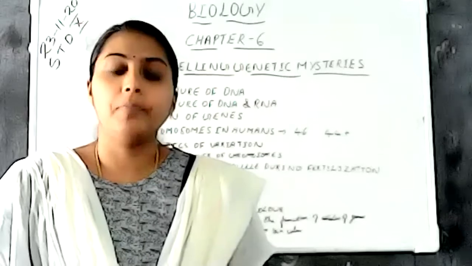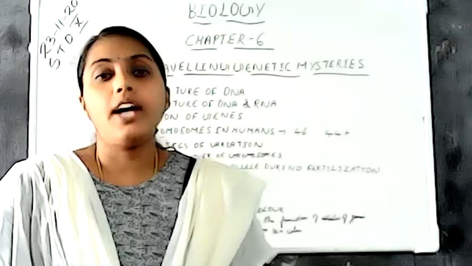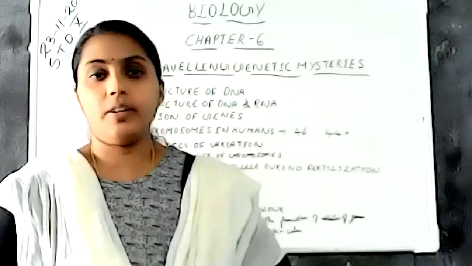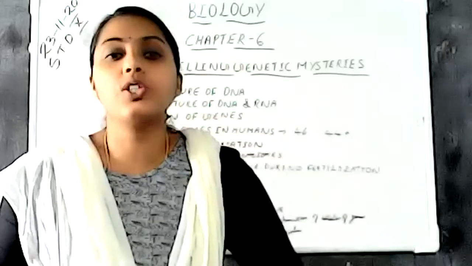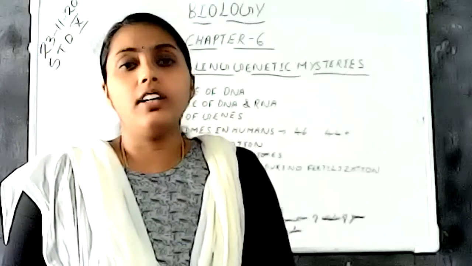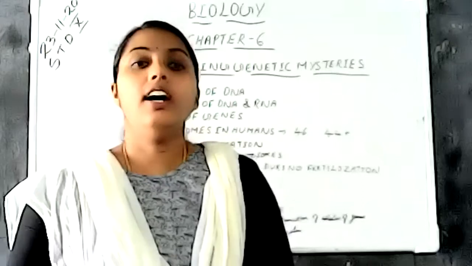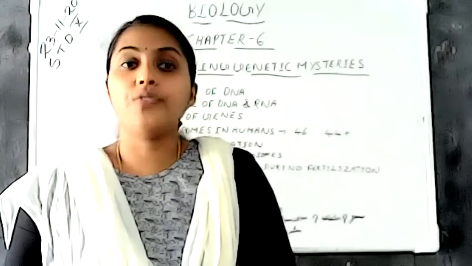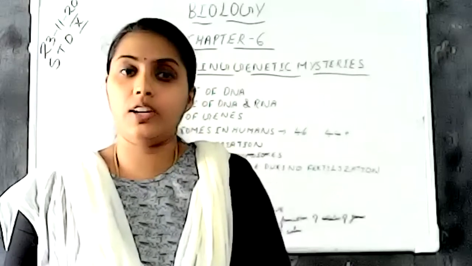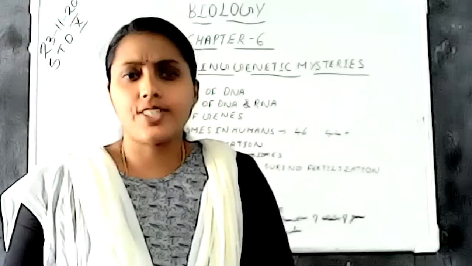The structure of DNA was found out by two scientists, James Watson and Francis Crick. DNA has a double helical structure.